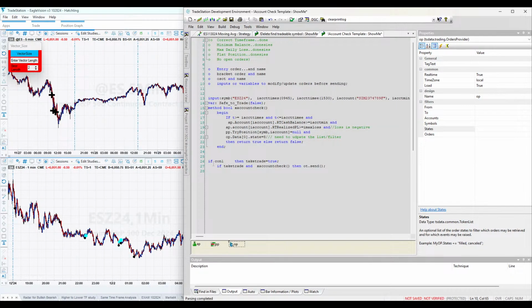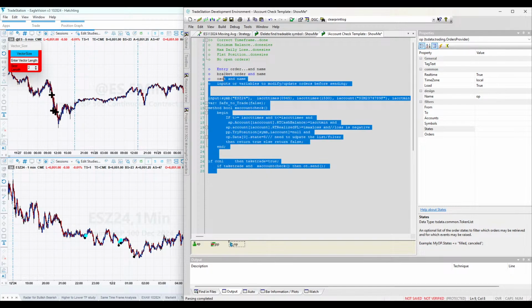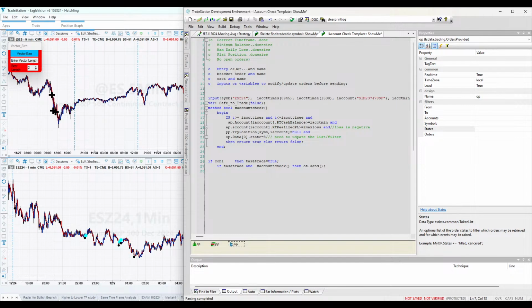That's just because once I do a copy and paste of all these orders and all these account checks, I do want to make sure that I have, so for instance, the bracket order. So the entry order was pretty much going to be a market order, right? Unless I change it to being a limit order or something like that.